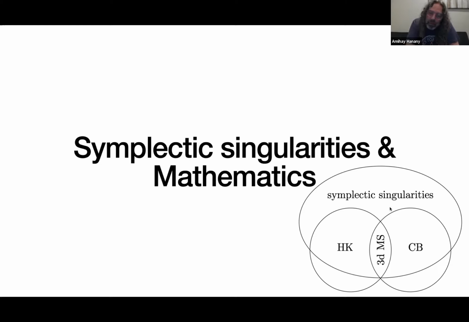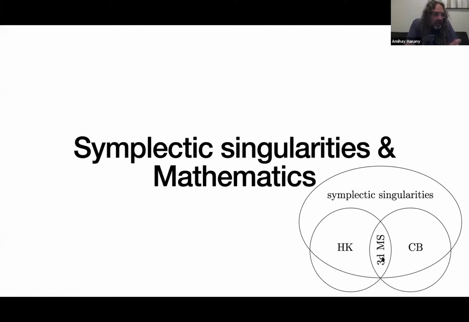Some of the singularities can be constructed using Coulomb branches, and actually that's where many interesting new spaces show up, which we couldn't study before using hyperkähler quotients, and they produce very interesting physics, and also attracted a lot of attention in mathematics. So there are some singularities which can be constructed using both methods.